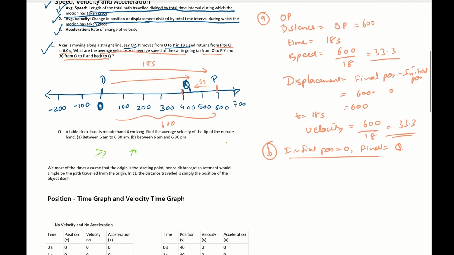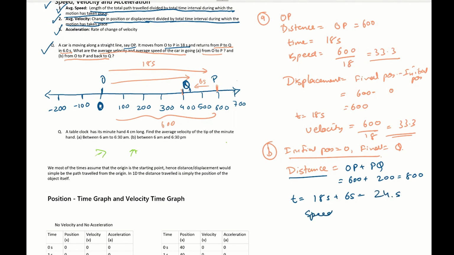So the distance traveled is nothing but O to P plus P to Q, which is equivalent to 600 plus 200, making it 800. The time taken is equal to 18 seconds plus 6 seconds, which is equivalent to 24 seconds, making speed equal to 800 divided by 24, which is again equivalent to 33.3 meters per second.